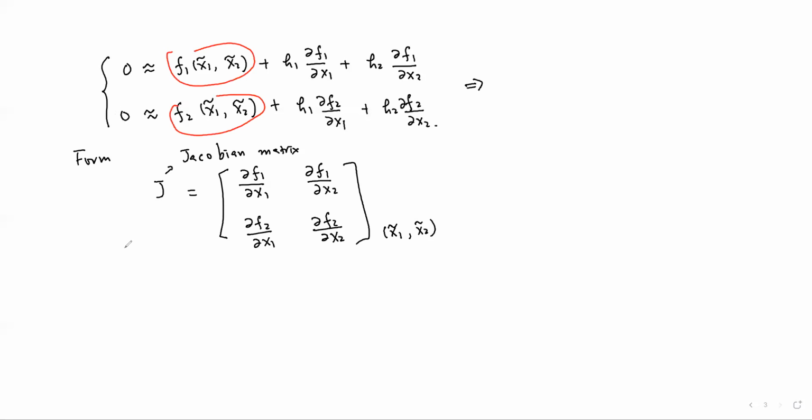Then the linear system becomes the Jacobian matrix times the unknown h1, h2. The right-hand side roughly is negative f1 at x1 tilde, x2 tilde, f2 at x1 tilde, x2 tilde.